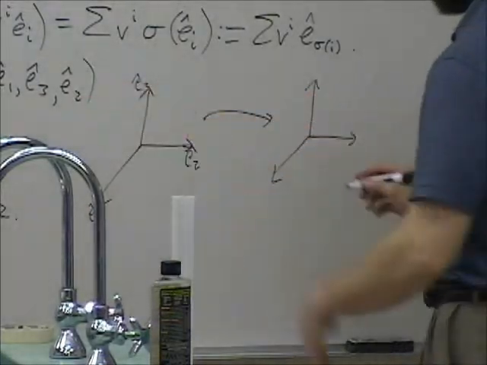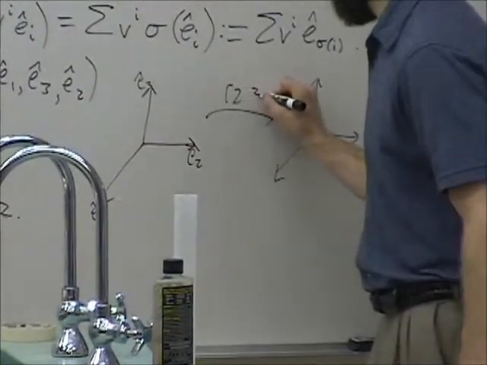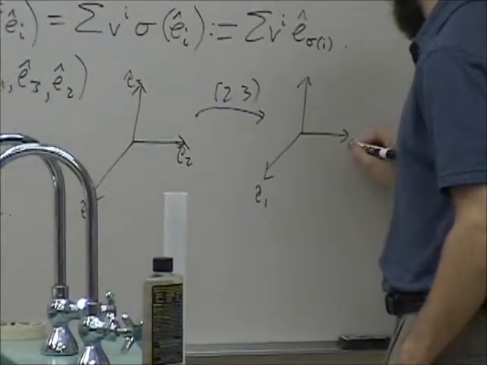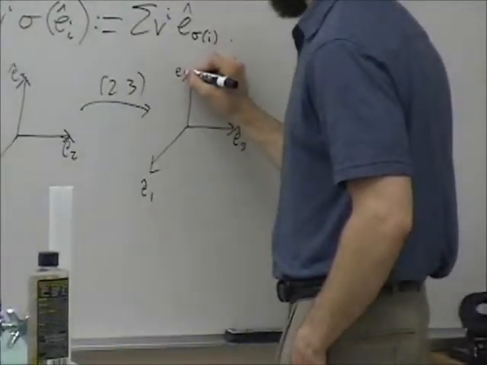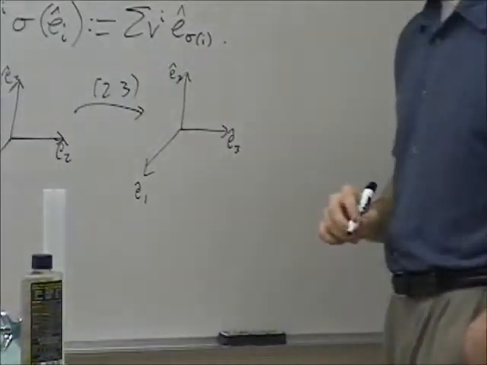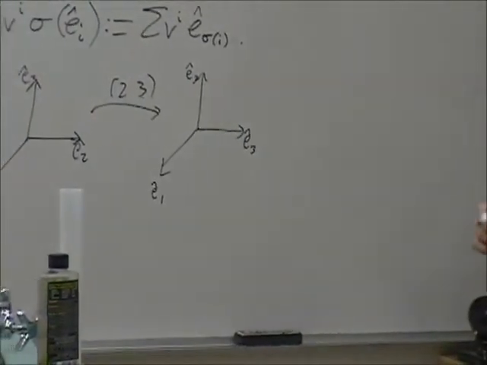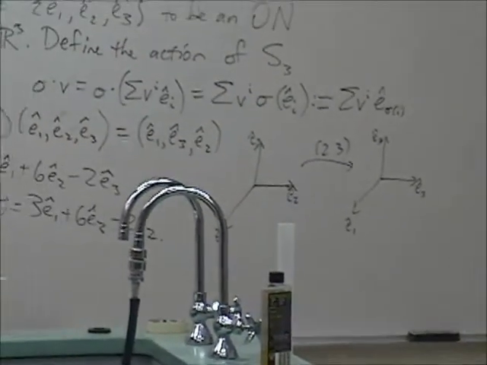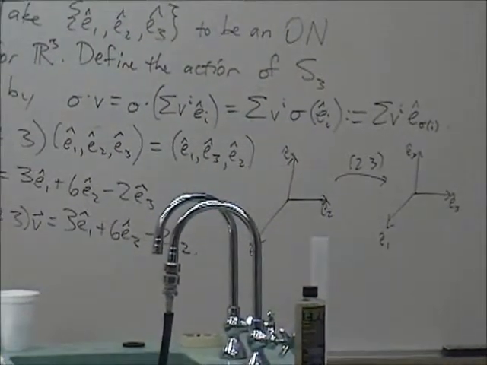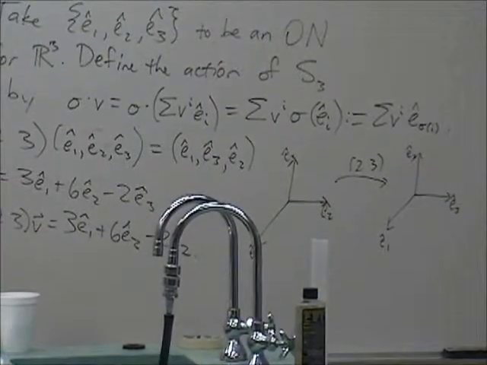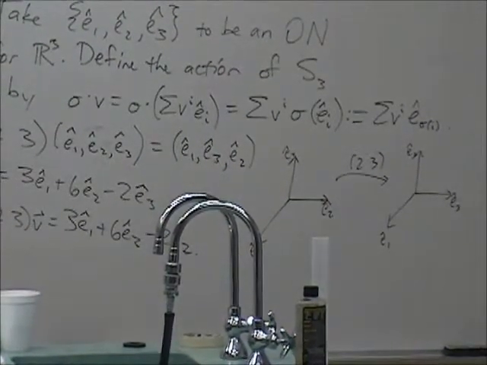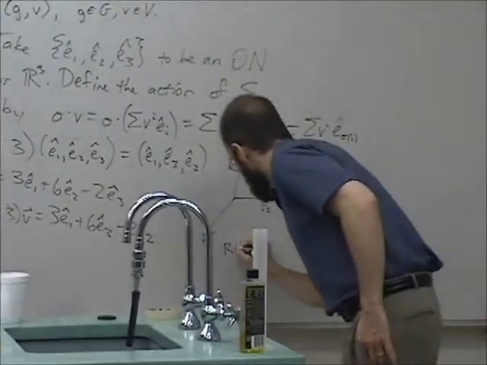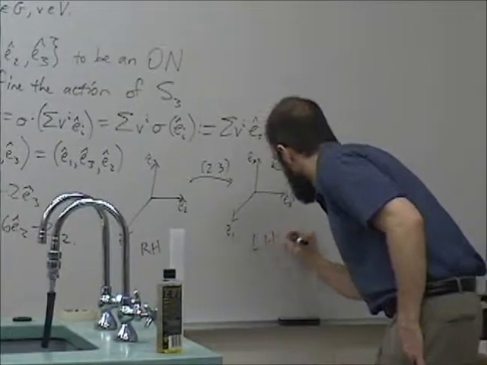This says switch 2 and 3, so 2 and 3 acting on that basis gives me E1 stays the same, but now I've got E3 down here and E2 right here. Notice what this did to the handedness of my coordinate system. I started out with a what handedness? You started out with a right-hand system, and now you've got a left-hand system.